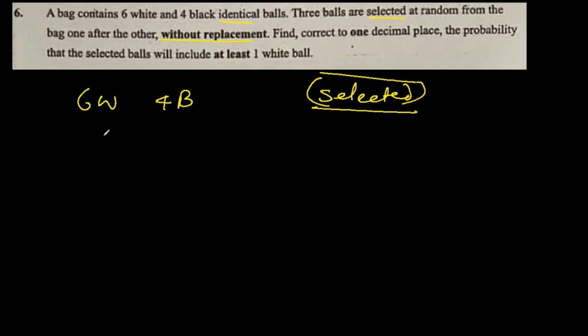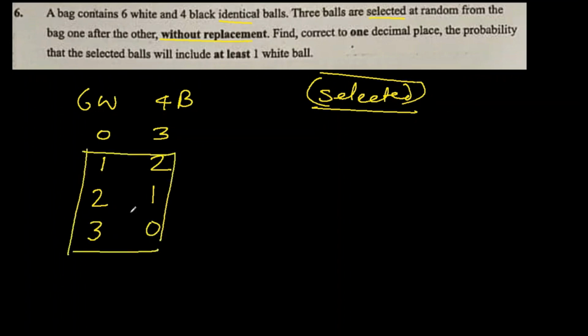Okay, let's see how many possibilities there are. It's possible that there is no white ball. There are all 3 black balls, 1 white 2 black, 2 white 1 black, and all white, no black ball. So they're saying at least one white ball, right? So at least one means these 4.